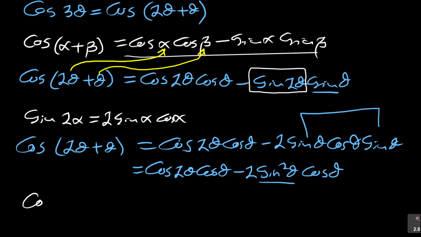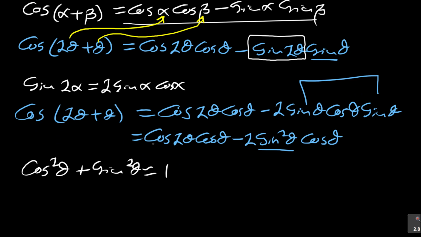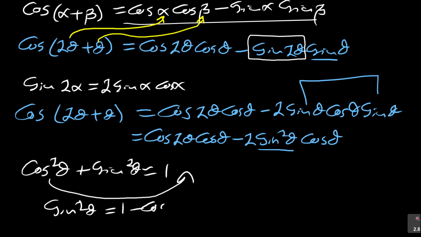Remember, I told you cos squared theta plus sine squared theta is equal to 1. This is the first identity that you guys did. Now if I want to make sine squared the subject, I take cos squared to the other side. I will have sine squared theta is equal to 1 minus cos squared theta. You see that?